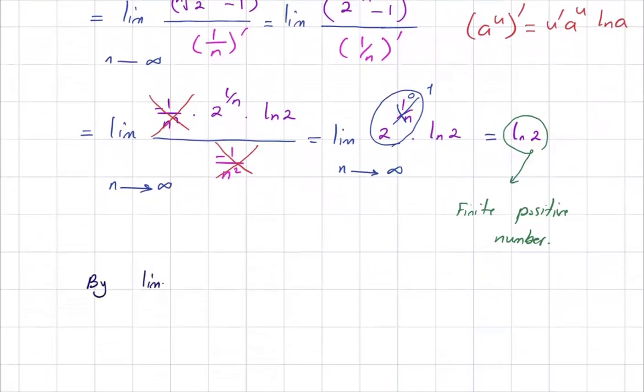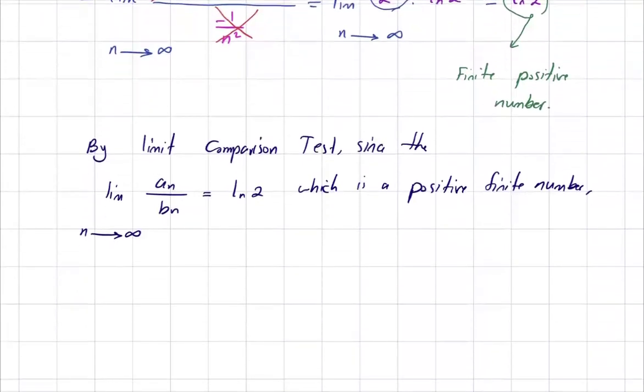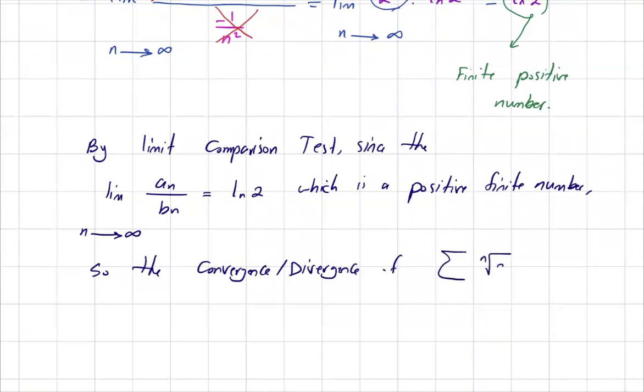By the limit comparison test, since the limit of an divided by bn as n goes to infinity is equal to ln of 2, which is a positive finite number, the convergence or divergence of the series of the nth root of 2 minus 1 and the series of 1 over n are the same.